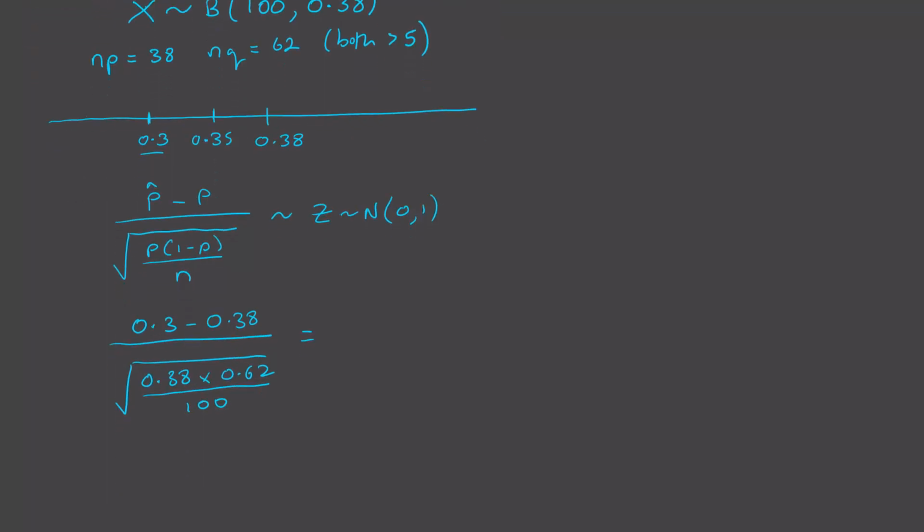We'll calculate that in a moment. We need to do the same for 0.35, with the square root of 0.38 times 0.62 divided by 100.